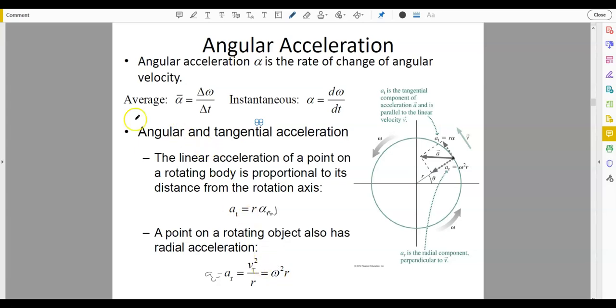And for both of these radial accelerations, we're just going to use probably the instantaneous version of it, okay, in Physics 121.